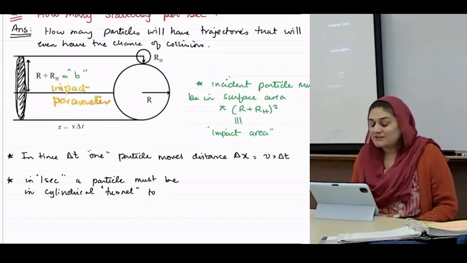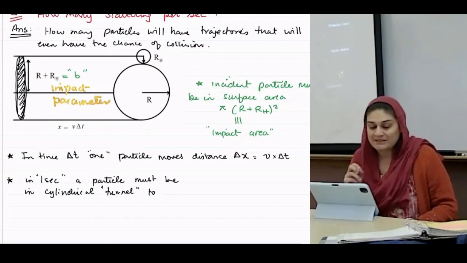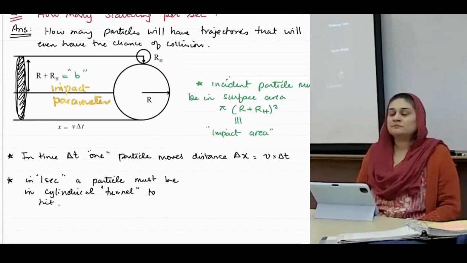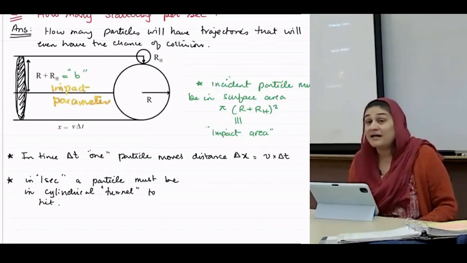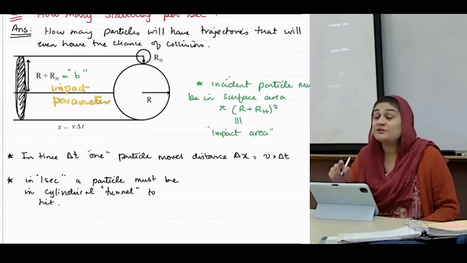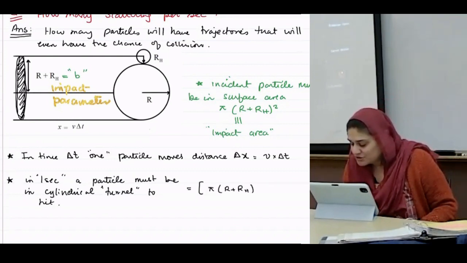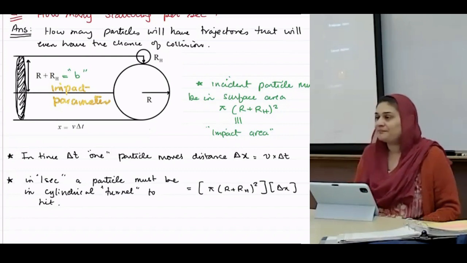Okay, so in 1 second, a particle must be in the cylindrical tunnel to hit or impact. So then may I define that cylindrical tunnel as pi (R plus r) squared times delta x?